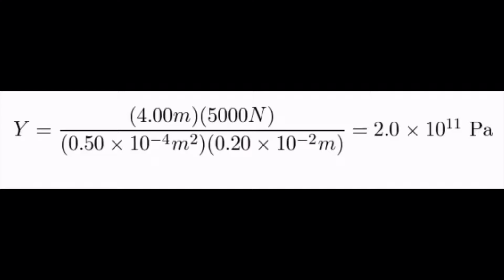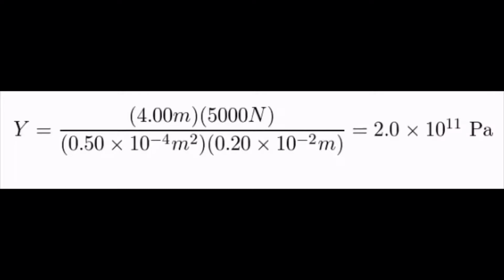As you can see, all our variables are in meters aside from our force. It means that we are heading in the right direction. As a result, our Young's modulus would be equal to 2 times 10 raised to the 11th Pascal. And there you have it, our final answer.